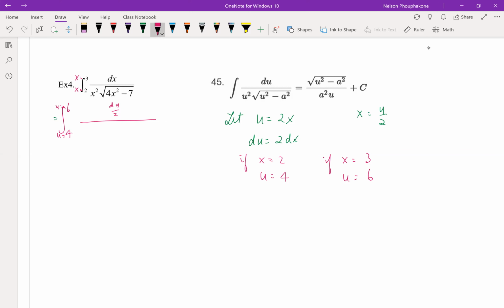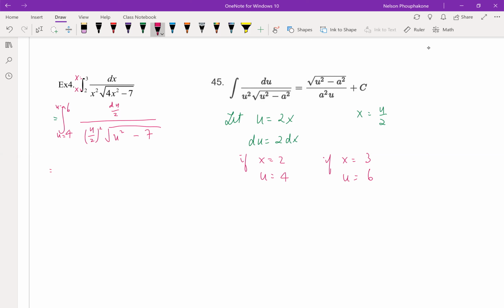And then x is u over 2 to the square root of u squared minus a squared, which is, maybe in this case I don't need to work with a, so just 7 now. Okay, now let us simplify this.